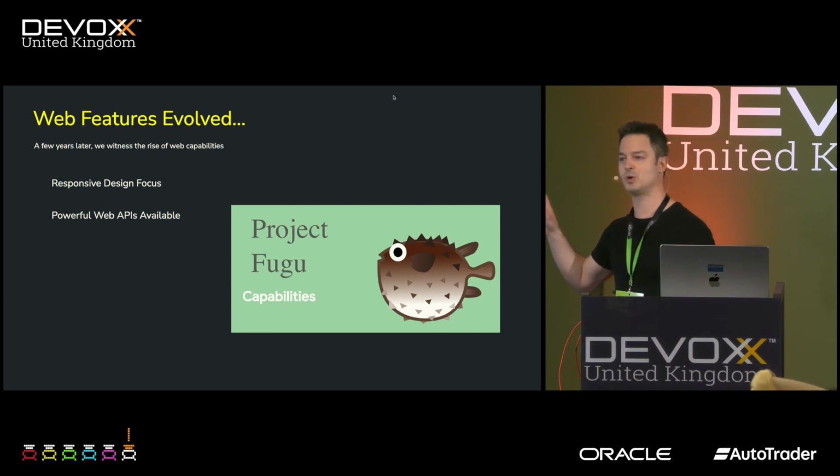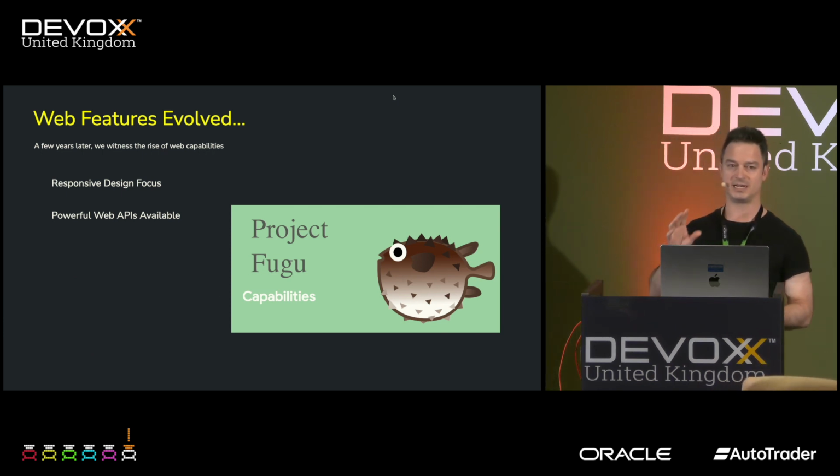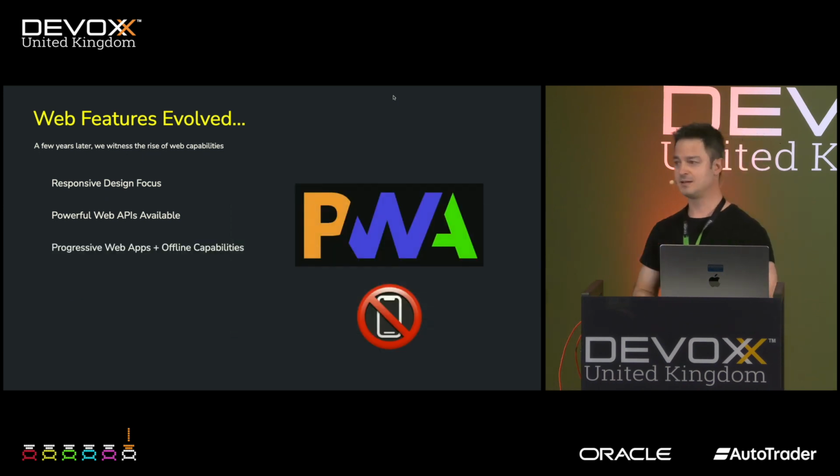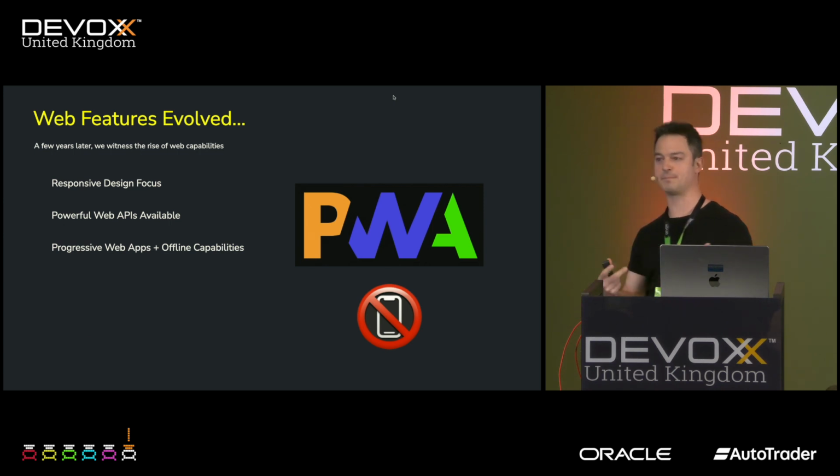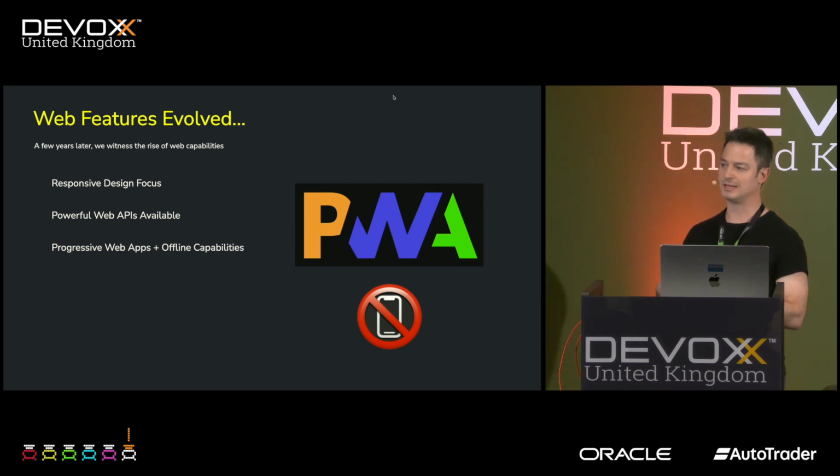Later in the demos, we will see how we can offer really cool and advanced functionalities thanks to web APIs. Then, progressive web apps allowed to greatly improve performance and also allowed offline capabilities, so our application is able to work even without a reliable and steady internet connection.